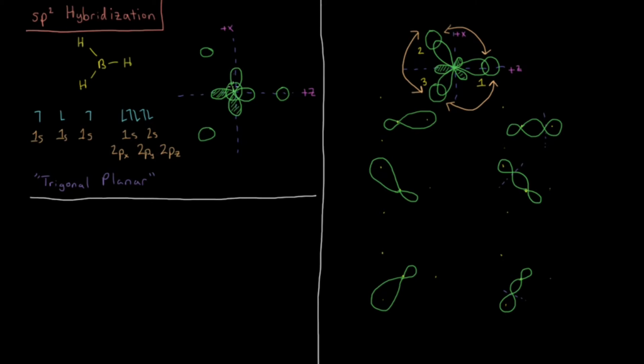Okay, so that's plotted out on our little diagram here. We're in the XZ plane. The y-axis is coming out of the screen towards you, and there's also a 2py coming out in that direction.